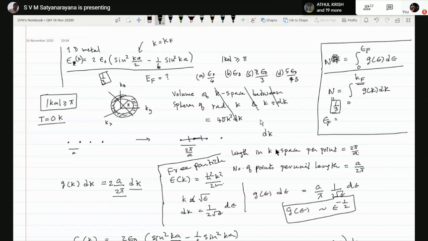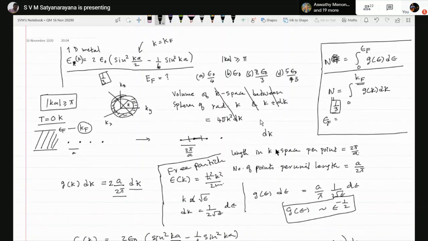At 0 Kelvin, you have energy levels up to epsilon F, right? Energy levels above epsilon F are not filled. This epsilon F has some relation to this A. There is a highest momentum, the Fermi momentum.